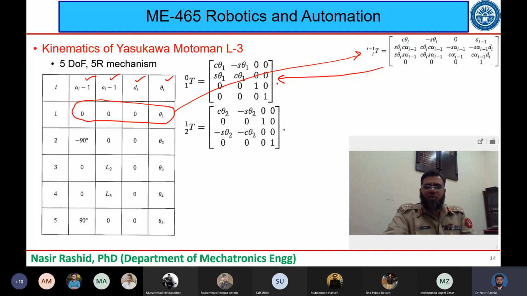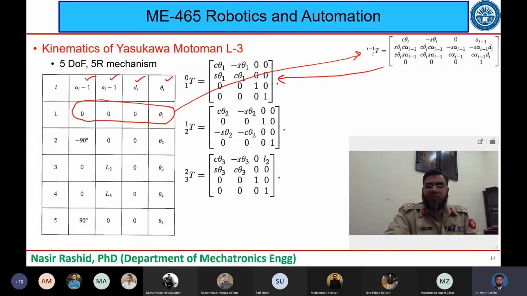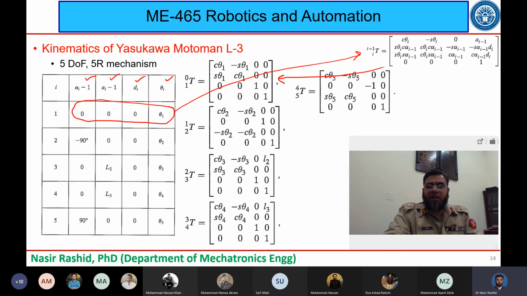This is given in your book. You need to practice it. If you want, please go ahead and practice it. Otherwise, I will also have you solve 2 more problems which are simpler in nature, which will give you more practice. Since this is given in your book, I have discussed both these kinematics with you, that of Puma and that of Yasukawa Motoman.